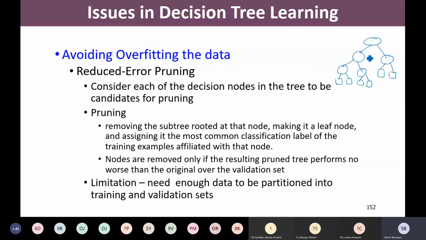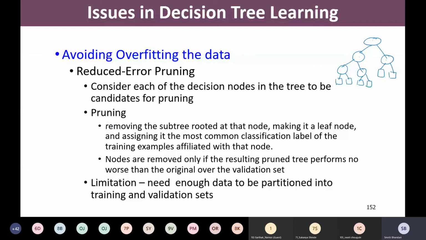So what is pruning actually? As I stated earlier, in the second approach of avoiding overfitting, we allow our decision tree to grow completely, and then we apply the post pruning technique. So pruning is removing a few of the nodes from the decision tree after we build the complete decision tree.